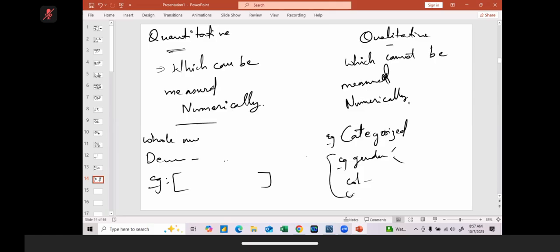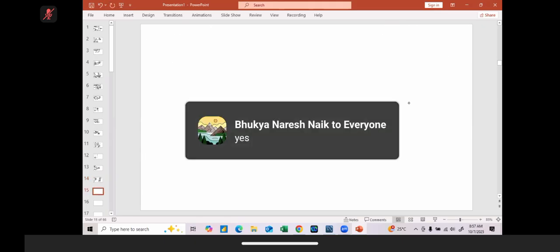In categorical examples, we will not be able to measure them, but we will be able to group them. Company names, we cannot measure, but we can group them based on the industry: IT industry company names, marketing industry company names, sales industry. Is this understood? Yes? Next.